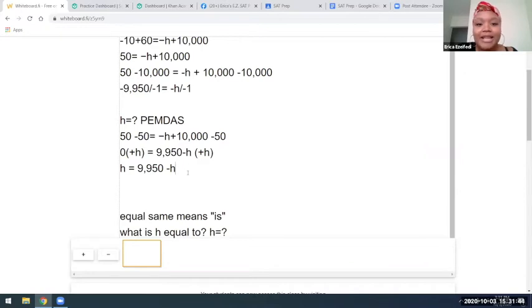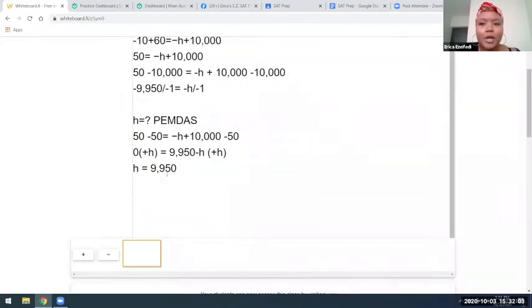So if I combine negative h plus h, what do I get? Positive h. So you can think of it, if you're ever confused or if you ever want to check your math, you can just substitute 1 in a problem. So let's substitute 1 into h really quickly down here. So I have -1 plus 1. What does that equal? 0.